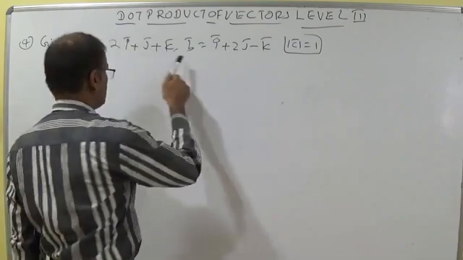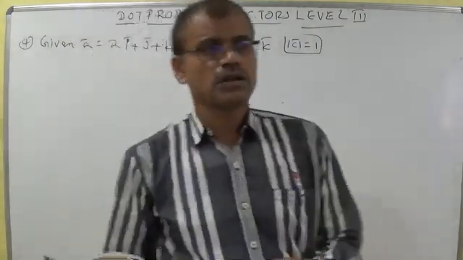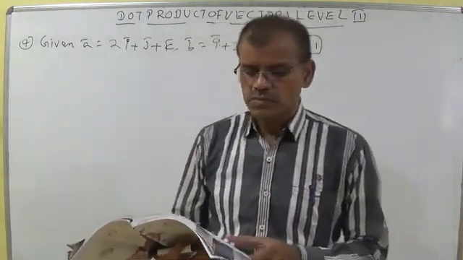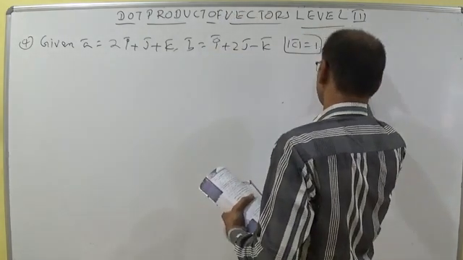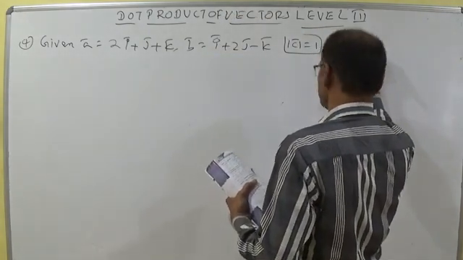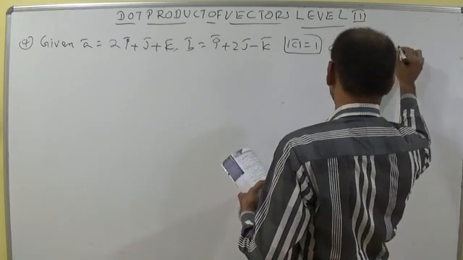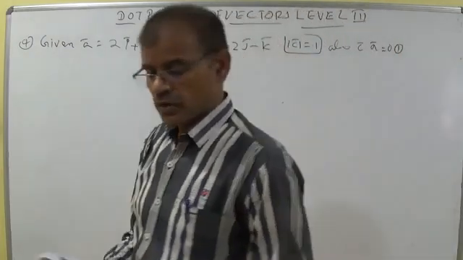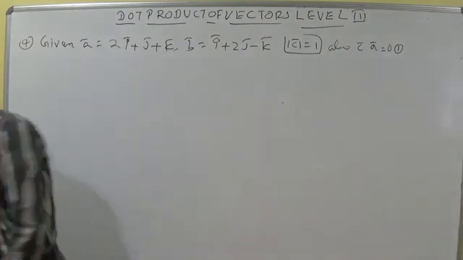Here he is saying that c bar is a unit vector and coplanar, and c bar is perpendicular to a bar. Also the condition I am writing: c bar dot a bar is equal to 0. Let it be the first equation, it will be useful later. Because he gave that c is perpendicular to a, we should calculate the vector c bar.